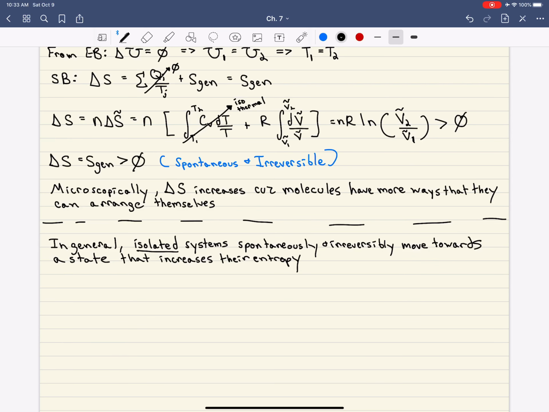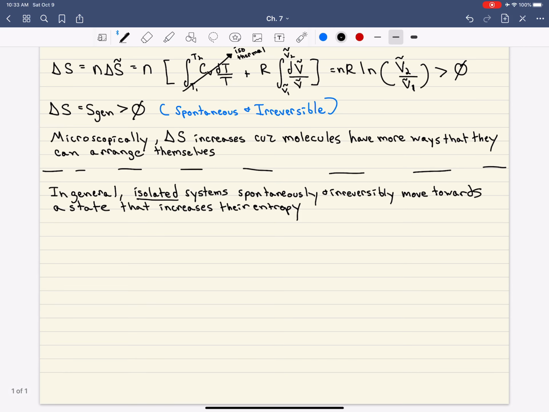Okay? And so we see this in the expansion of a gas, so gases expanding to larger volumes.